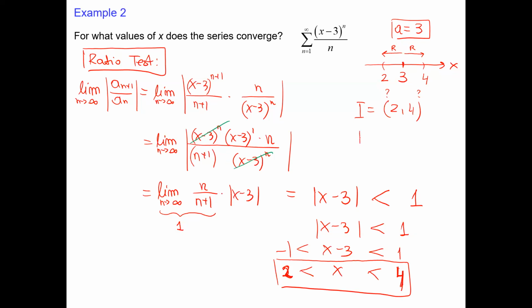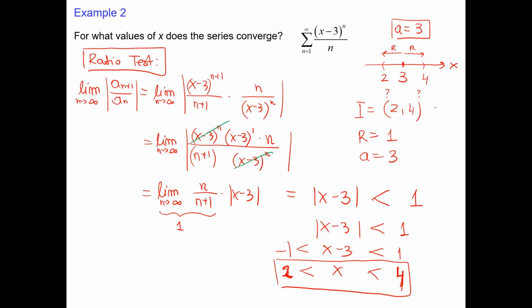We know the radius is okay, because from the center we're going away 1 unit, one distance, from 3 to 4 and from 3 to 2. But this is still not completed. Maybe we can add 2, maybe we can add 4. The one small problem is easy to fix.